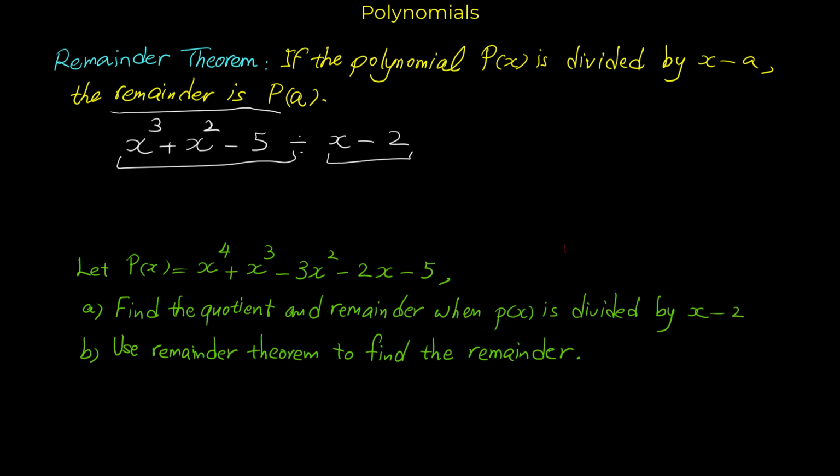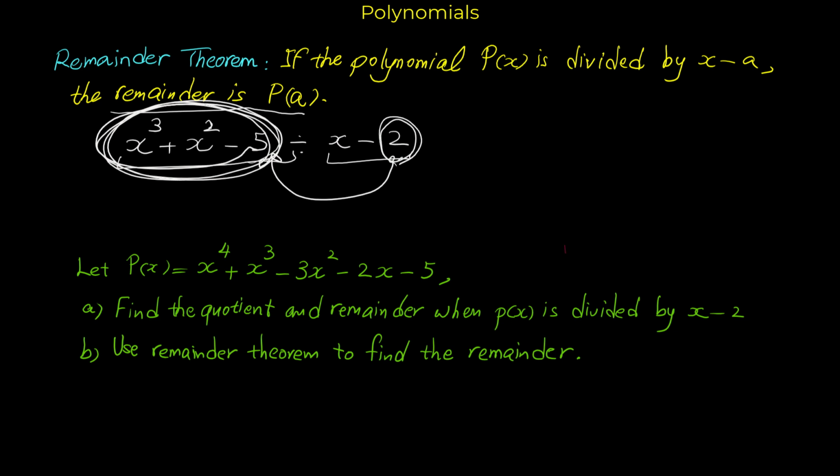You can find the remainder simply by substituting 2 in this polynomial and calculating the value of this polynomial at 2. So, if we have a polynomial and we divide it by x minus a, only by substituting a in the polynomial, you can find the remainder.